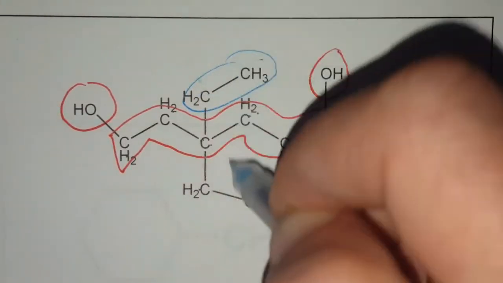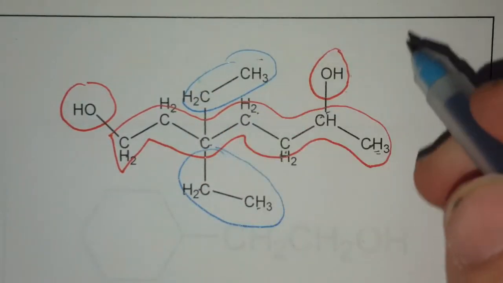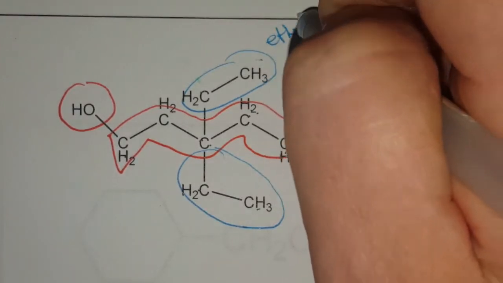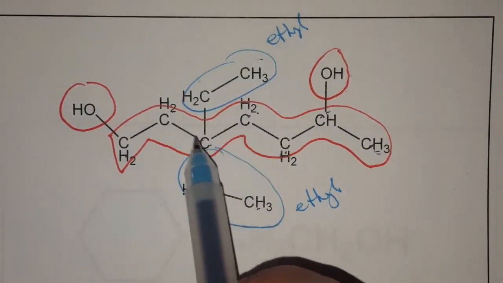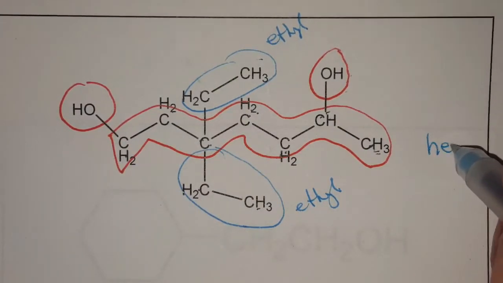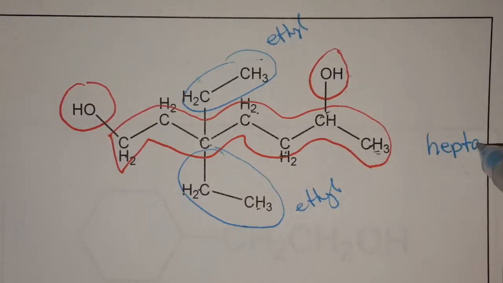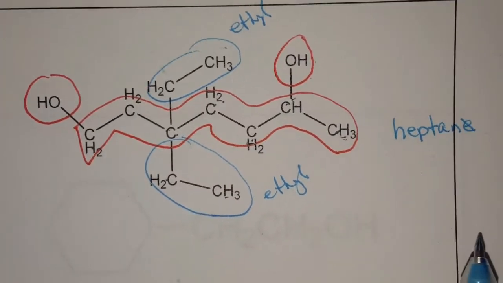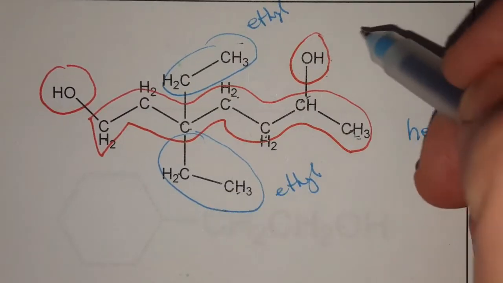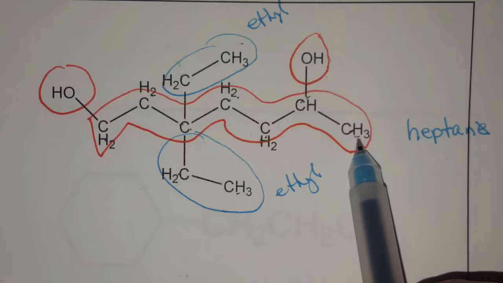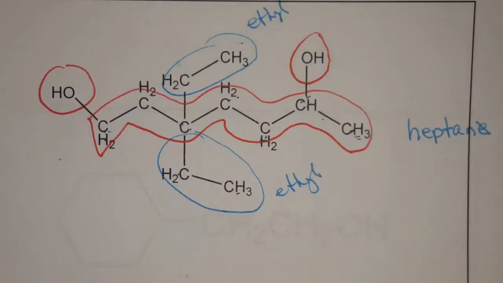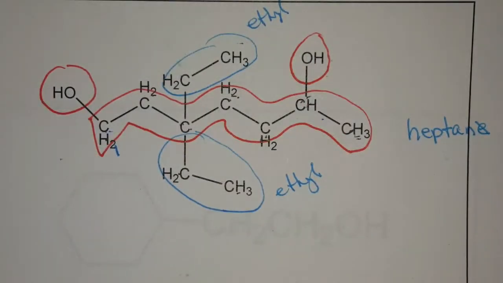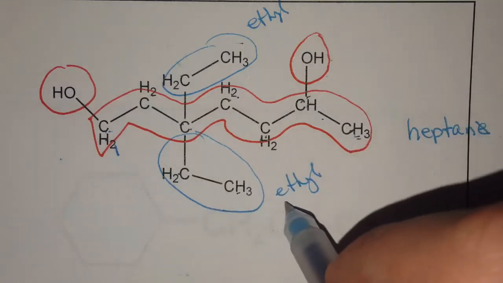That means that these are side chains, and they're both ethyls. My longest chain is 7 long, so it's hept, and they're all single bonds, so heptane, but we're going to drop the E. We have 2 alcohols, so if I count from this end, I'm on 2 and 7. If I count from this end, I'm on 1 and 6. 1 and 6 is smaller, so that's carbon 1. Therefore, the ethyls would be on carbon 3, both of them.